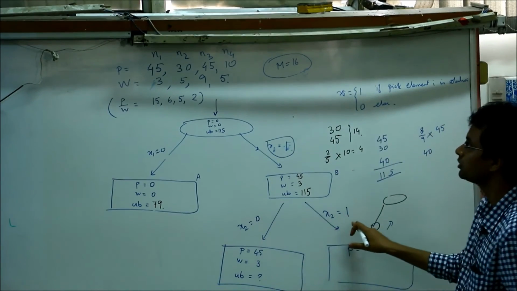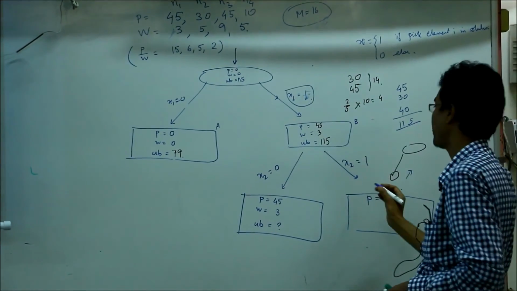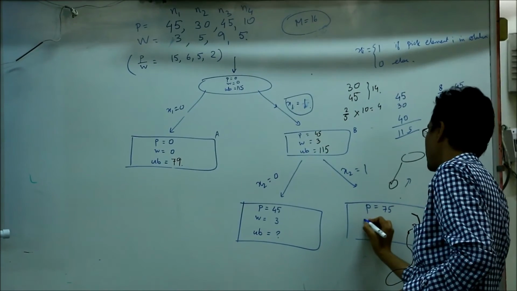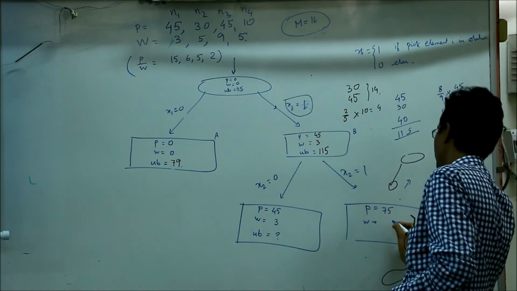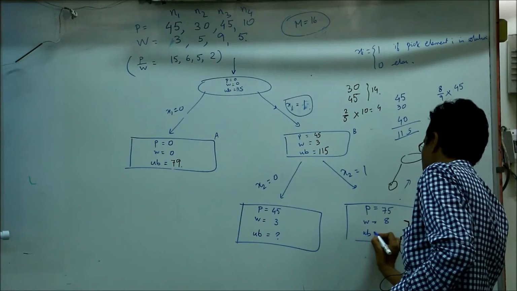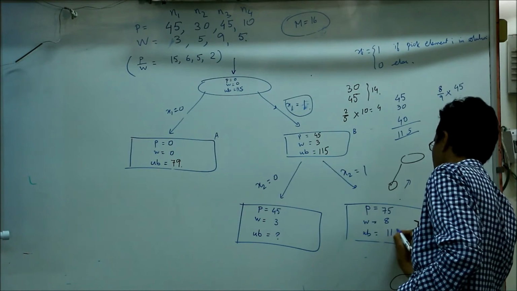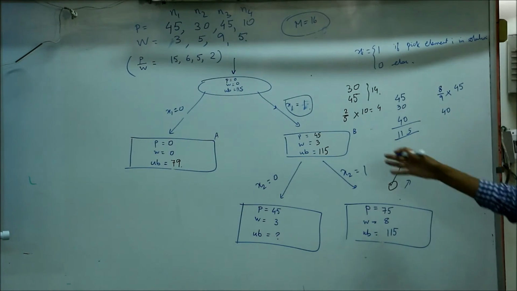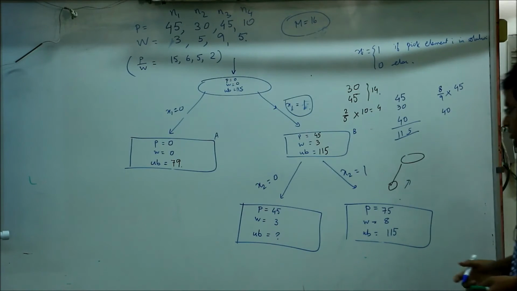So if you pick x2, then you already have a profit of 75, and your weight is already 3 plus 5 is equal to 8, and your upper bound should be same as this because you already have included x2 in the upper bound computation.